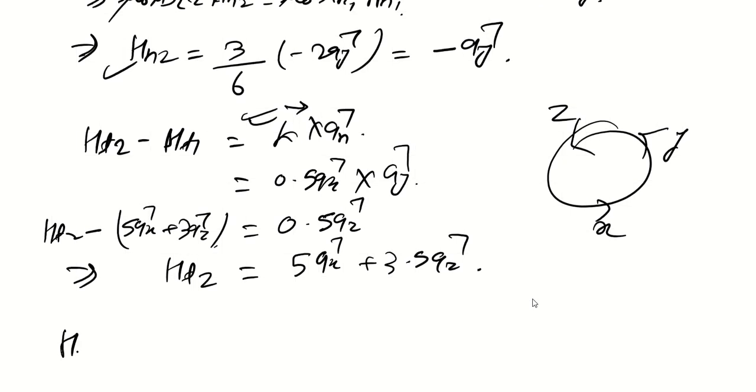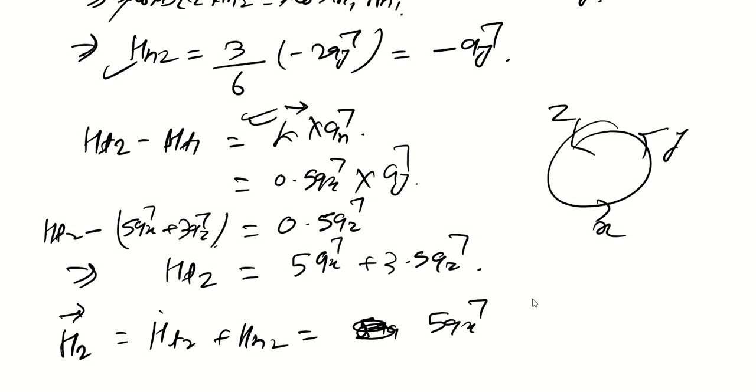So the total H2 will be Ht2 plus Hn2, which can be written as 5Ax minus Ay cap plus 3.5 Az cap.